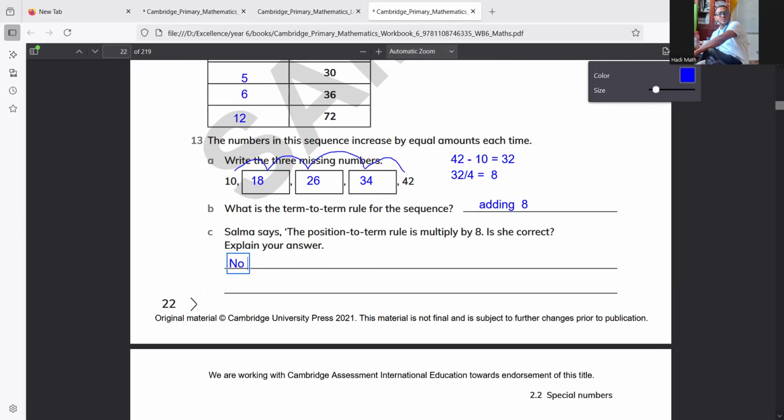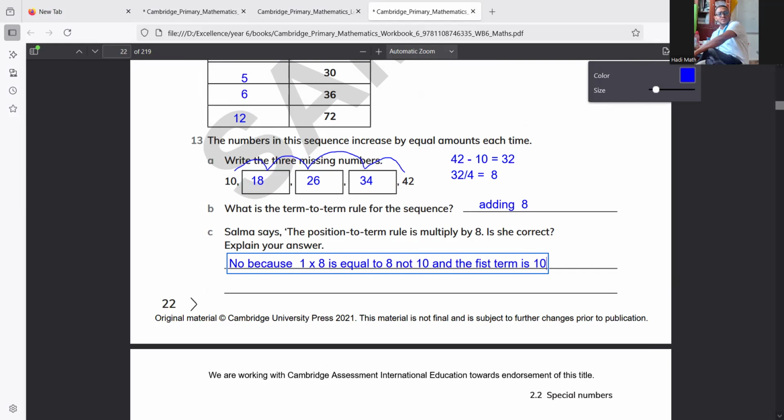And here, no. So we said no. Explaining the answer, we said because 1 multiplied by 8 is equal to 8, not 10, and the first term is 10. So you just be smart like that and give this answer.